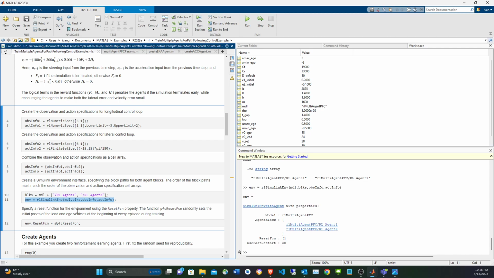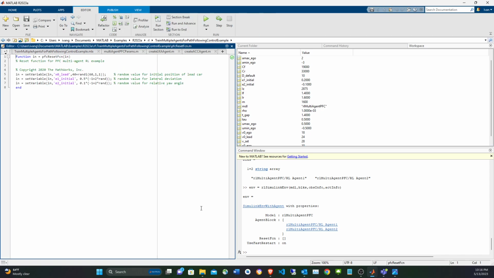Very easy. For the reset function, it's basically a lambda function that is going to initialize the position of the lead car, and also the initial lateral deviation and the initial yaw angle, relative yaw angle. So basically, these are the values that we want to control, that we want to put the car at a safe distance and the car aligned in the lane.